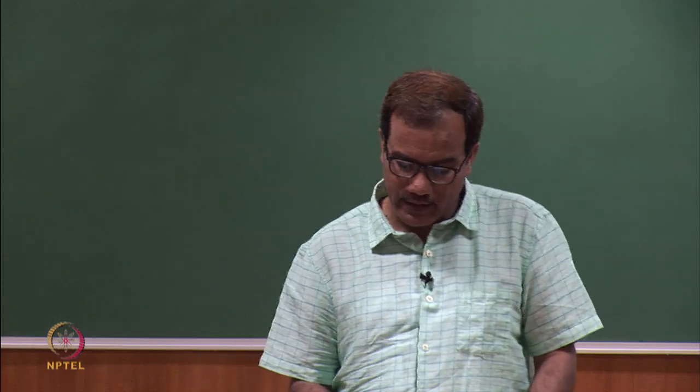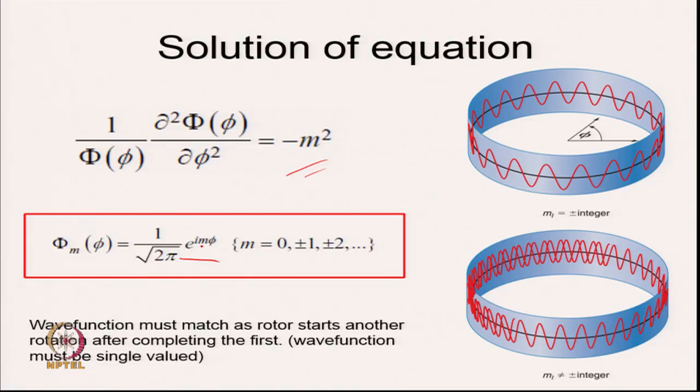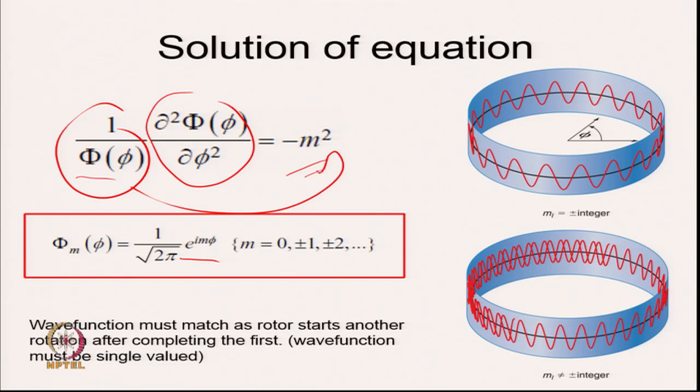If you take a differential of exponential i m phi, what you will get is i m exponential i m phi, and the double differential will give you i m square e to the i m phi, which is nothing but minus m square multiplied by the wave function. So, you see that this differential will be equal to minus m square times the wave function. It is quite a simple differential equation, and that is why we did so many simplifications.